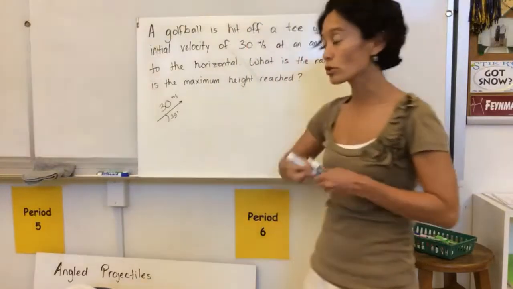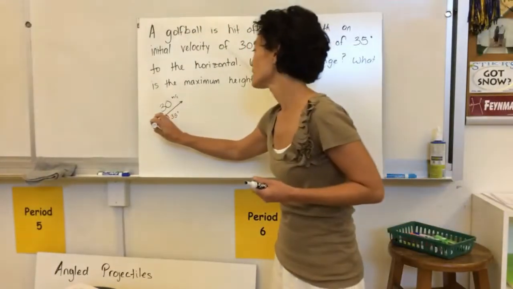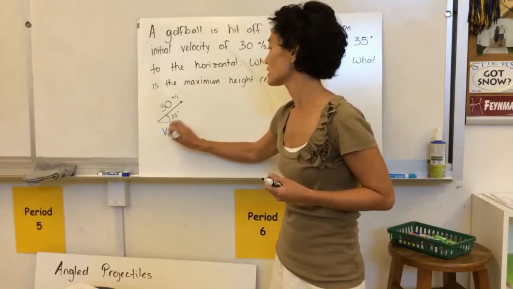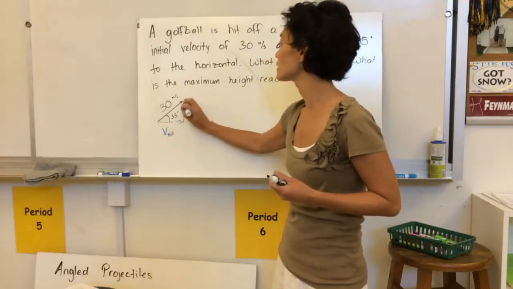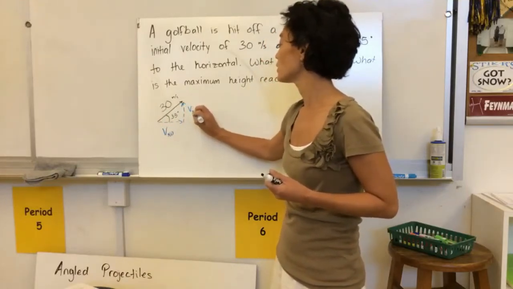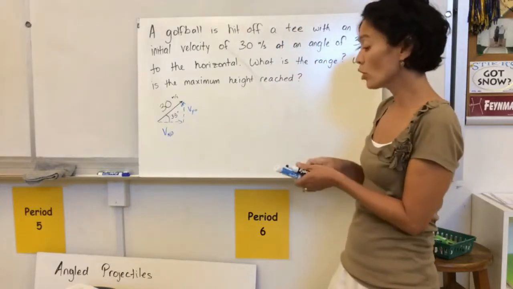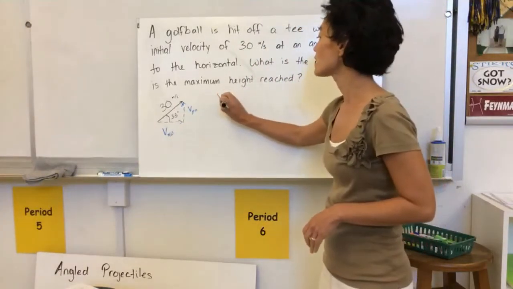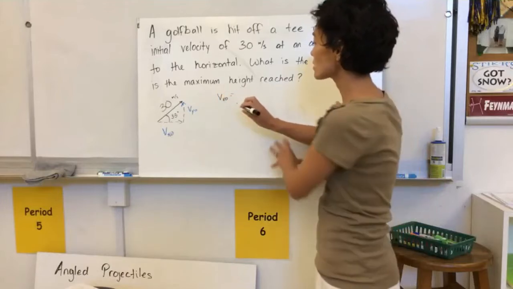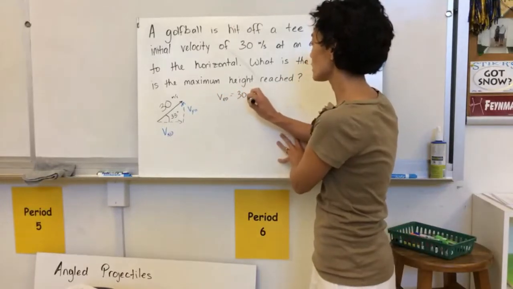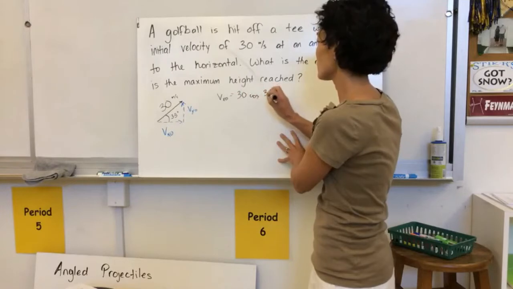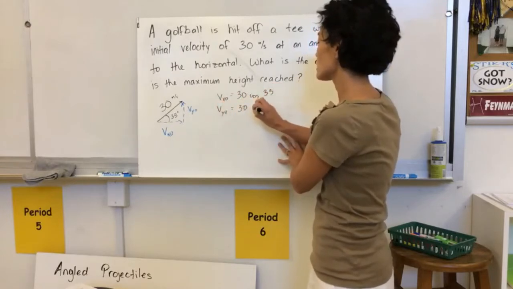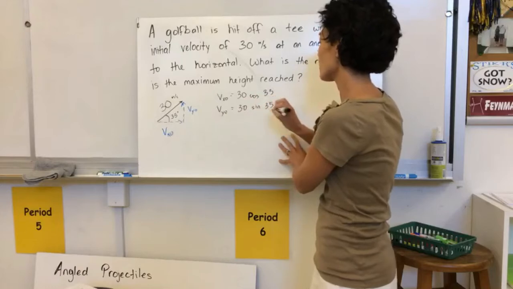So we're going to use just SOHCAHTOA, actually just SO and KA, to figure out what is Vx naught and what is Vy naught. By now we've done enough SOHCAHTOA that we should know that for the Vx naught, we're going to use the cosine. So it's going to be 30 cosine of 35, and Vy naught is going to be 30 sine of 35.